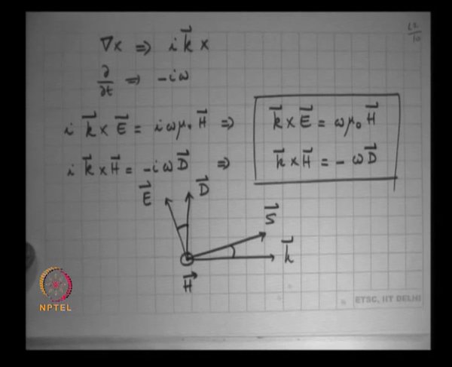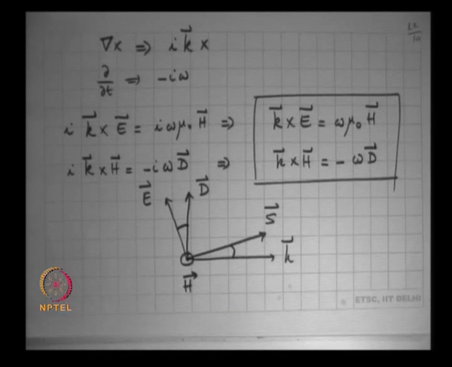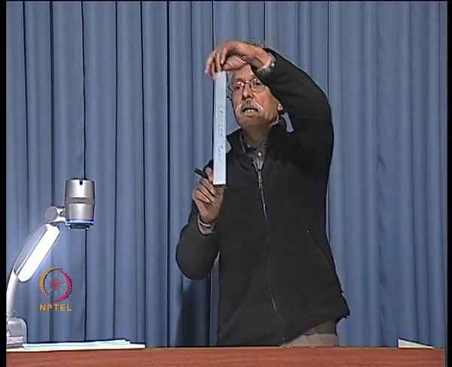So, the wavefront direction of propagation is represented by k vector, the energy propagation is directed by the S vector, and they are in general not the same. So, what you will have is a wavefront like this facing forward, but going at an angle, oblique angle.